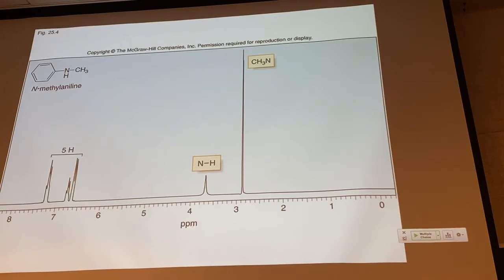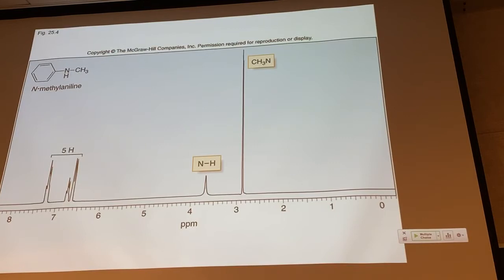And so whenever you have a proton that can be involved in hydrogen bonding, it's going to appear in a wide range of chemical shifts because the extent of hydrogen bonding will depend on the concentration. If you have a very concentrated solution of your sample in your deuterated chloroform or other deuterated solvent, you're going to have a lot of hydrogen bonding because of that high concentration.